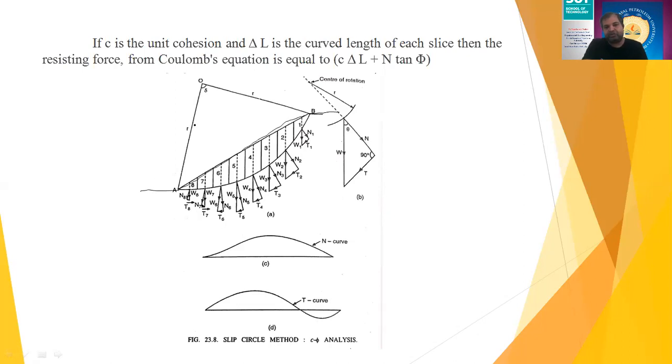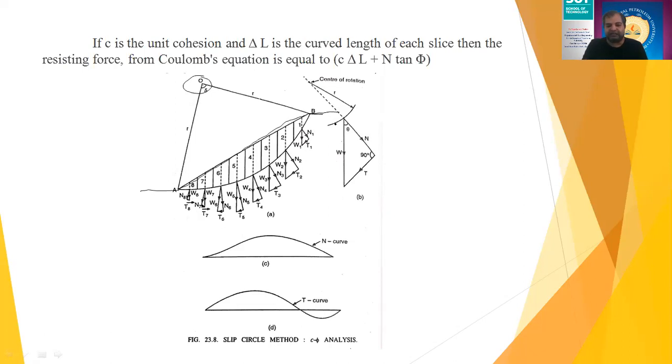Then choose some center. This is also random. Suppose I am assuming this as a center at present. We will discuss later how to locate this center. But for the time being, just imagine this is the center you have chosen, and take various values of R and draw the circles on this slope. You can draw a number of such trial slip circles.